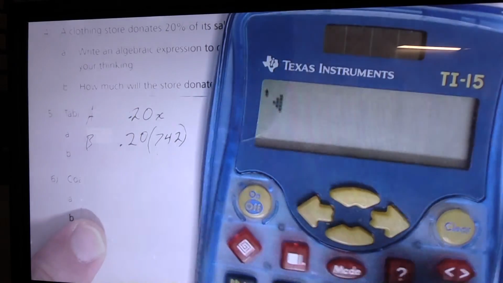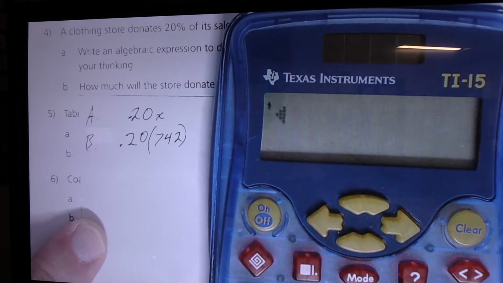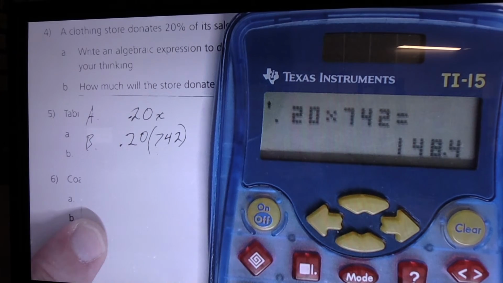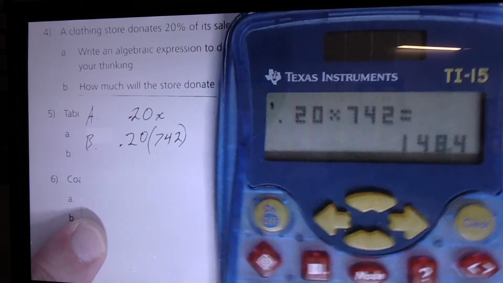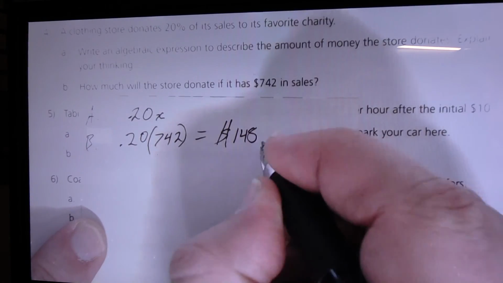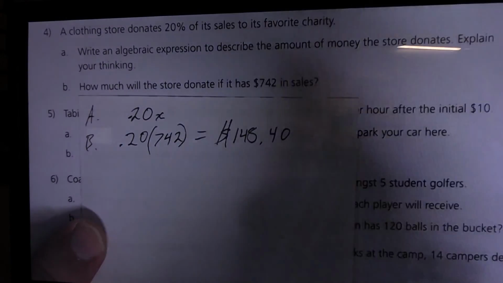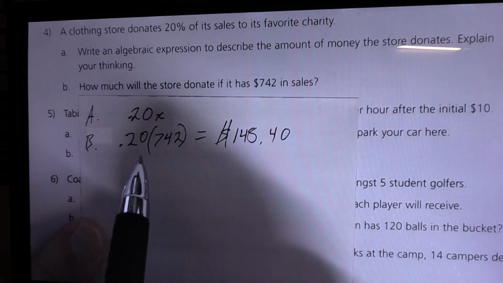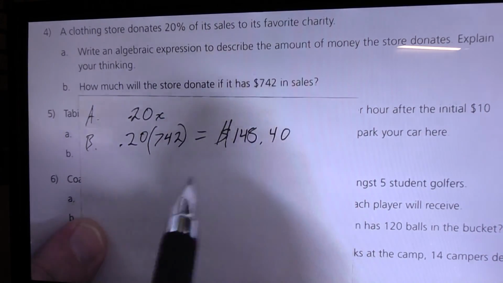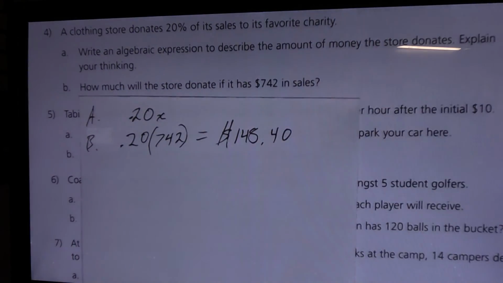At this point in the school year, we know how to multiply decimals, so I'm just going to use my toolkit here in my calculator. 0.20 times 742, and that gave me 148.4. But since we're talking about money, that's going to be 0.40 for 40 cents. So the amount that the store will donate if the sales are $742 is $148.40. That's how much they will donate.